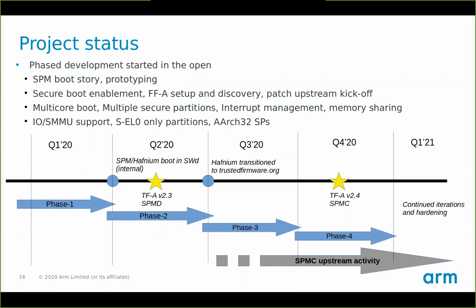A question? Yes. The last bullet point, the IO and SMMU support. Are you also planning to provide alternate paths for SoC vendors who might not have SMMU support on their silicon? Because all of this is new, there might be some vendors who might not have full support.